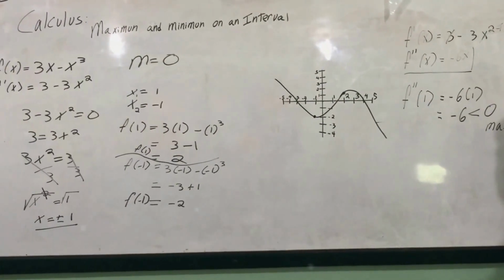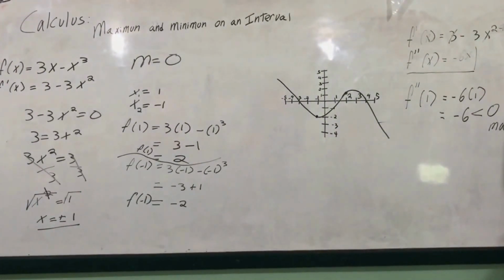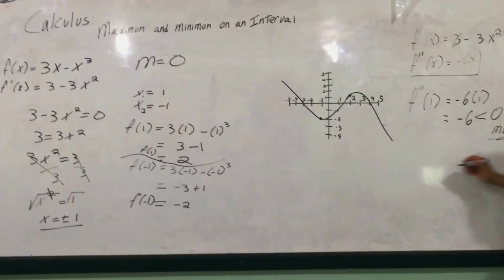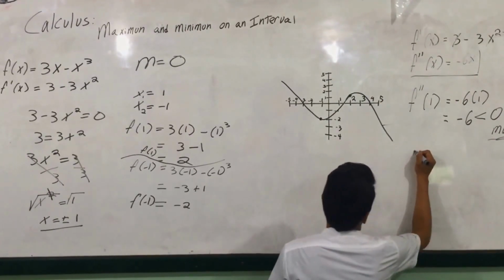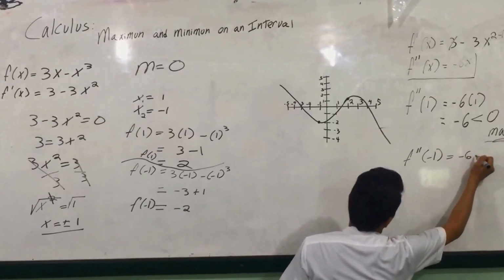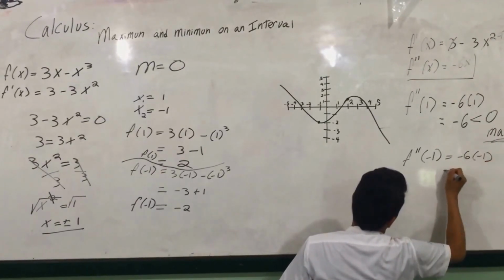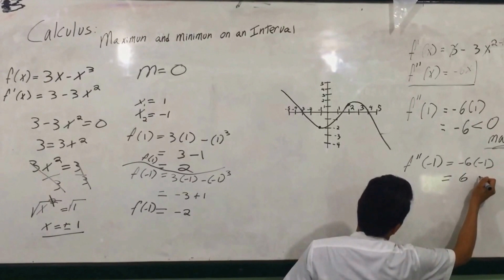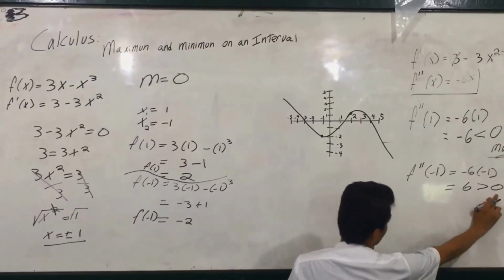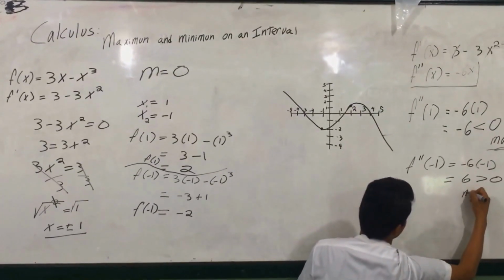Finally, we know the maximum of this problem. Now I want to find the minimum, and it's the same thing. Minus 1 gives 6. We know that 6 is bigger than 0, and that means that this is the minimum.